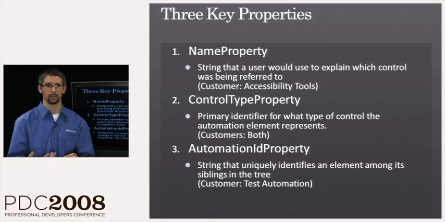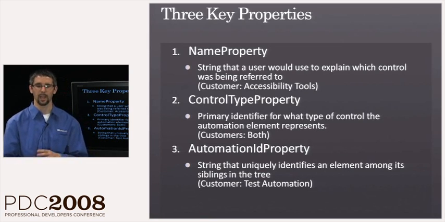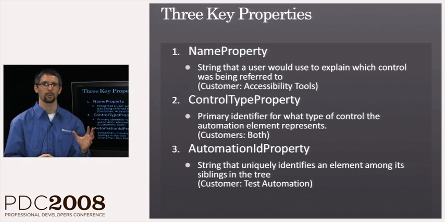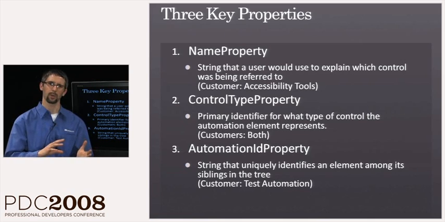The third property I wanted to mention is called automation ID. Now, name and control type are required properties. They have to be there. Automation ID is not required, but it's strongly recommended because it solves a very particular problem. If you're trying to write test automation that invokes a particular control, or if you're trying to do an accessibility script that pushes a particular button, you've got to be able to find that button.